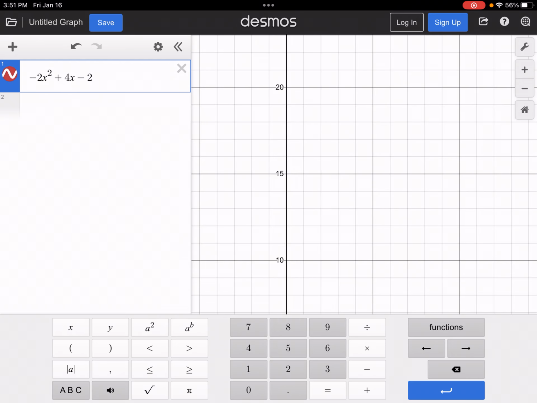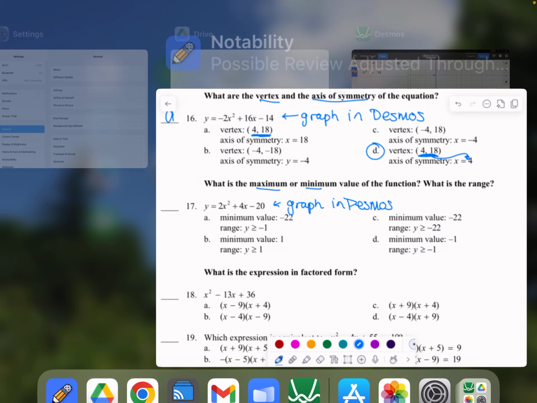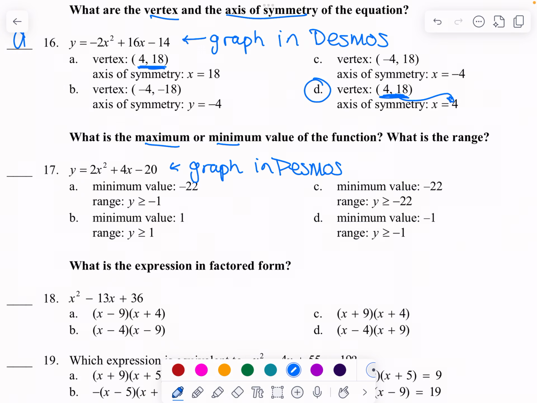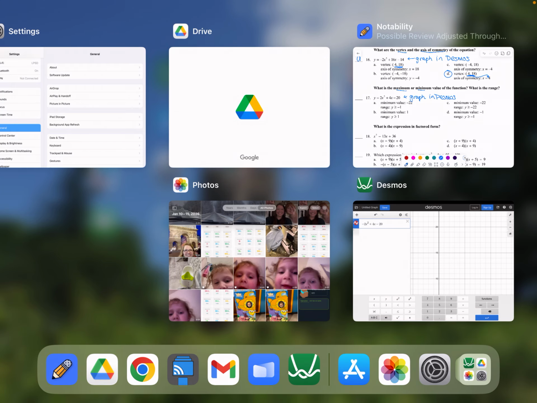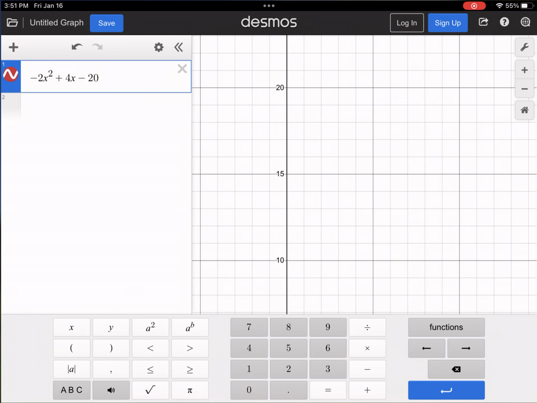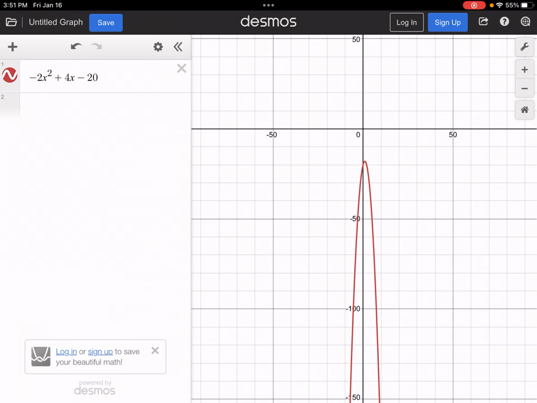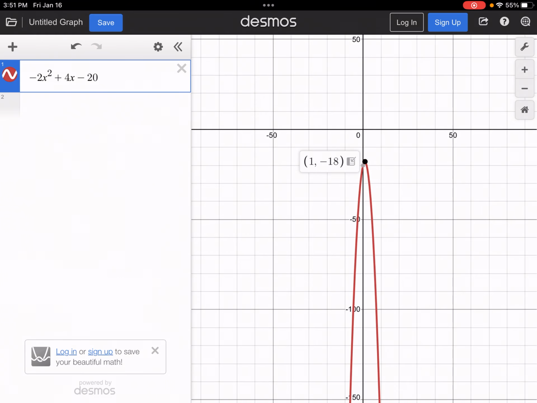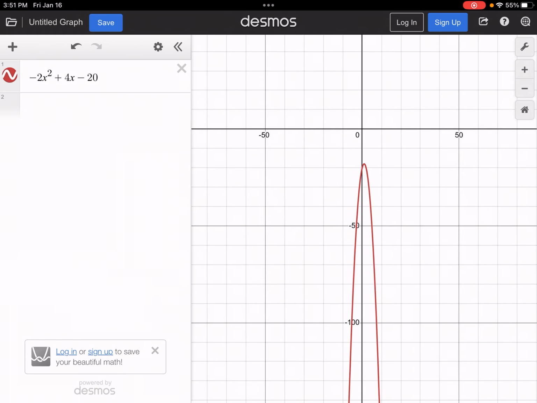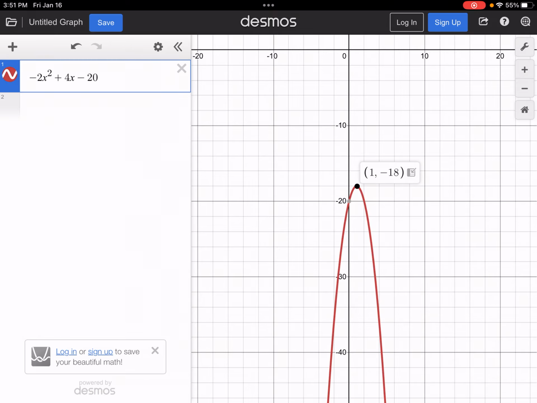Let's double check. Minus 20, yep. We wanted Desmos. It's right there. I can see that's a maximum, and the maximum value is negative 18, and then it goes down from there. A minimum would have a minimum, and then up from there, right?